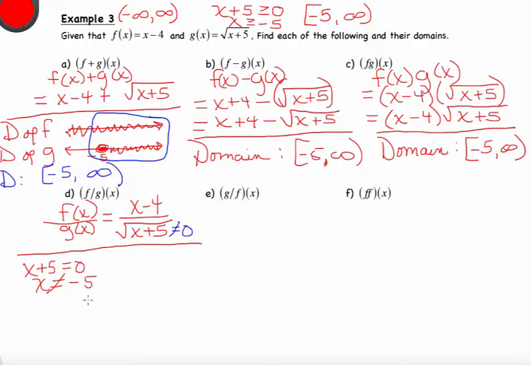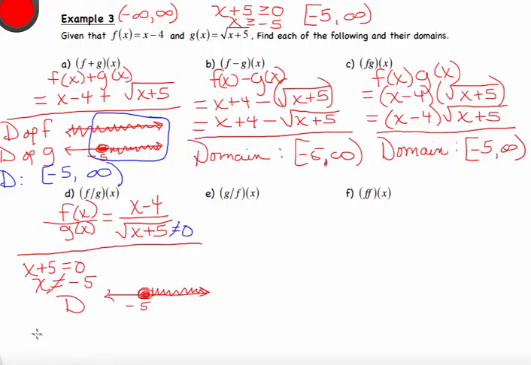So our domain, or our intersection of f plus g, f minus g, and f times g, went from negative 5 to infinity. But now we're saying that x can no longer equal negative 5 because it makes our denominator 0.